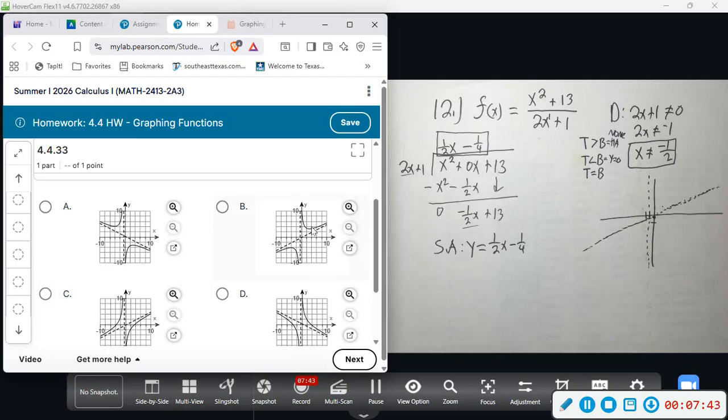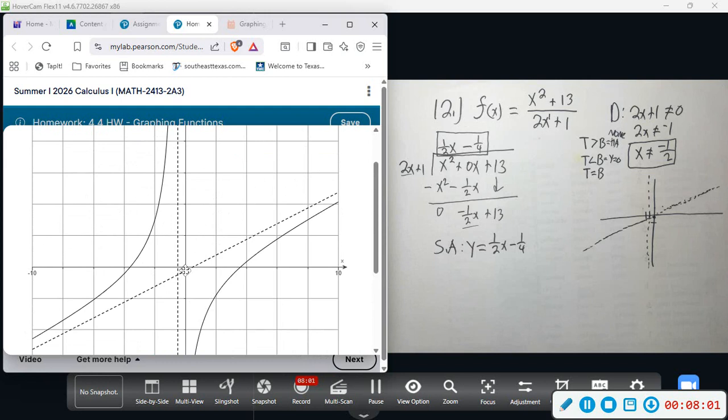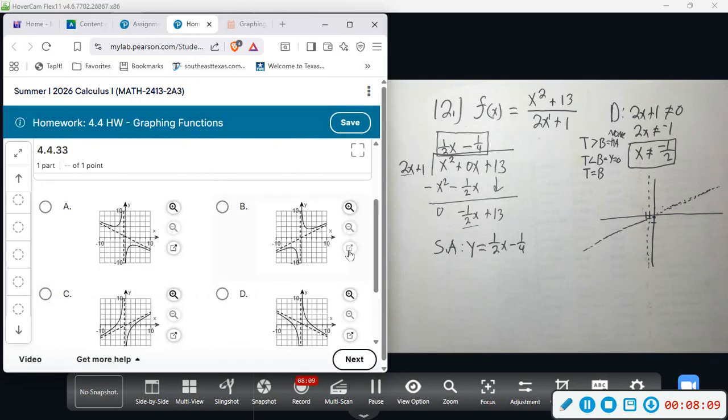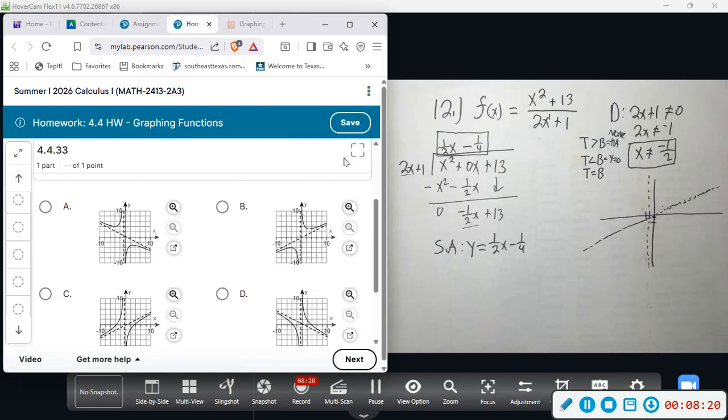But either I'm going to look for something positive, like above 2, or I'm going to look for something that's really small, possibly negative, because this is the x-axis, this is 2, this is 4. Let me zoom in and see it a little bit closer. So at 4, we're going to be really, really small, positive, versus the other graph, B, at 2, 4, we're at something greater than 2. All right, so that's going to be our test.